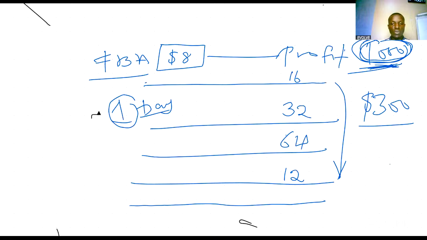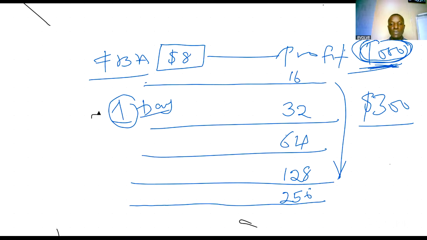And then we are going to have here 256. Now, if we add these figures, 256 plus 128 plus 64 plus 32 plus 16. Okay? Yeah, this works for us, plus 8.